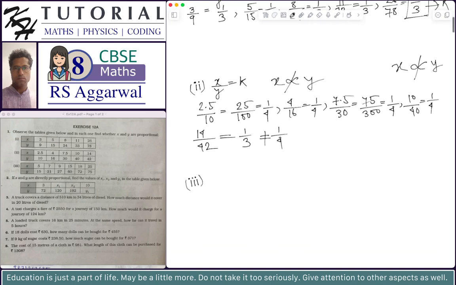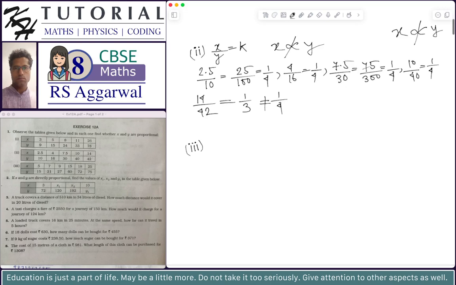Okay, so for table 3, as usual we must have x by y equal to some constant. For the first corresponding values the ratio is 5 by 15, which is 1 by 3. For the second, 7 by 21, which is also 1 by 3. For the third, 9 by 27, which is also 1 by 3.